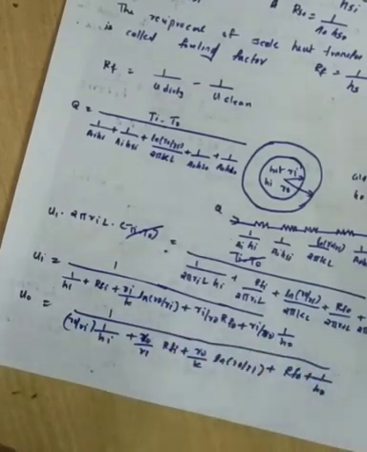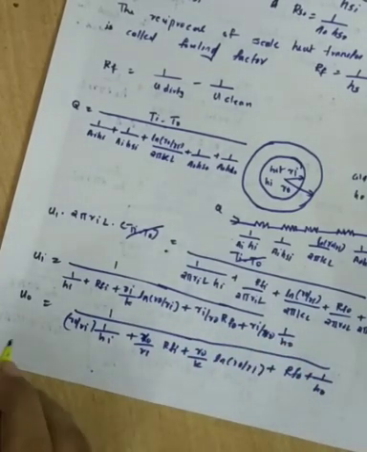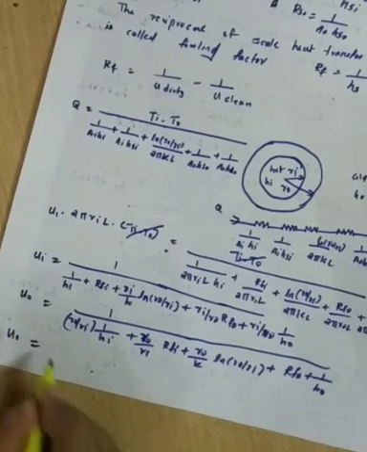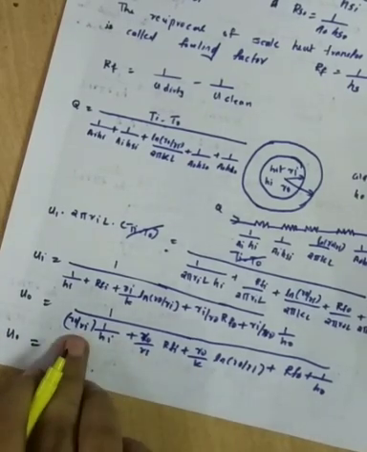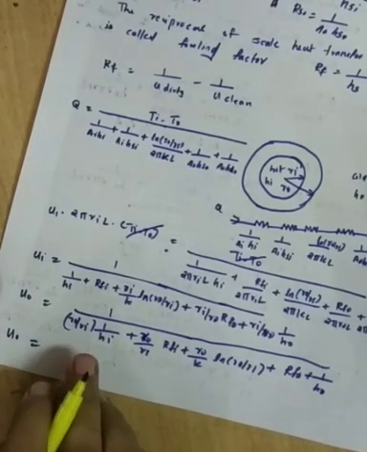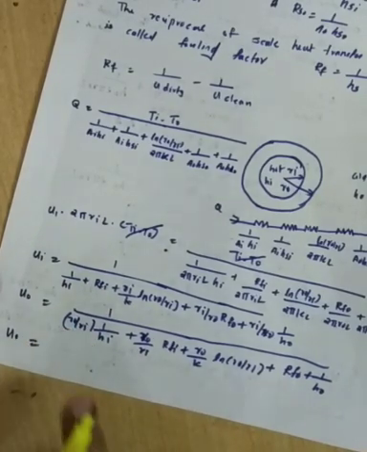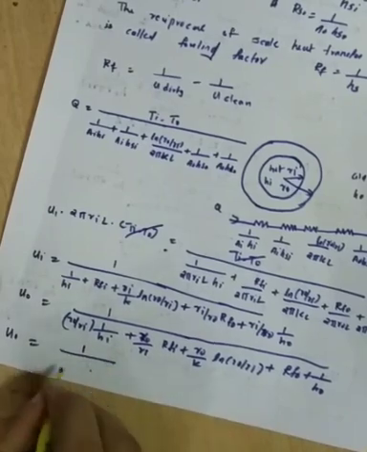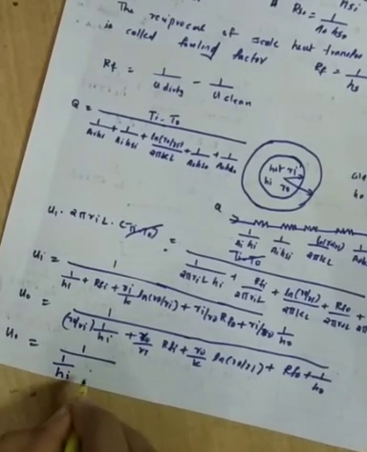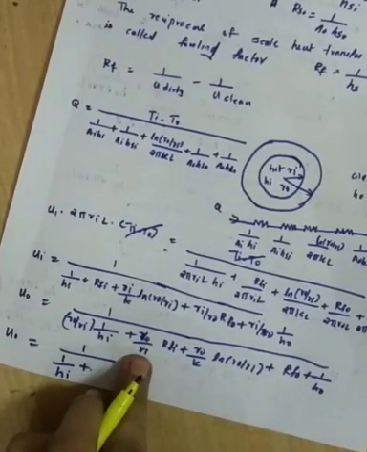So what is remaining? UO I can write now, neglecting all the other terms. Ro by Ri, since the thickness is very less, is equal to 1. So this is 1 by Hi plus Ro by Ri RFI.